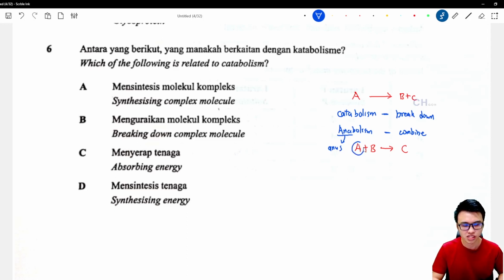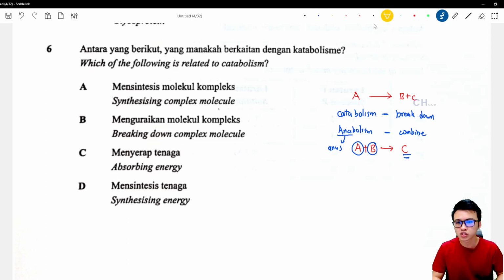You eat, for example, the vegetables, A. You eat the meats, correct? You eat everything together, and then you combine them together and form a complex substance. That is the thing that you produce in the toilet. So basically, you can memorize it this way: anabolism means you are combining all those substances into a complex molecule.